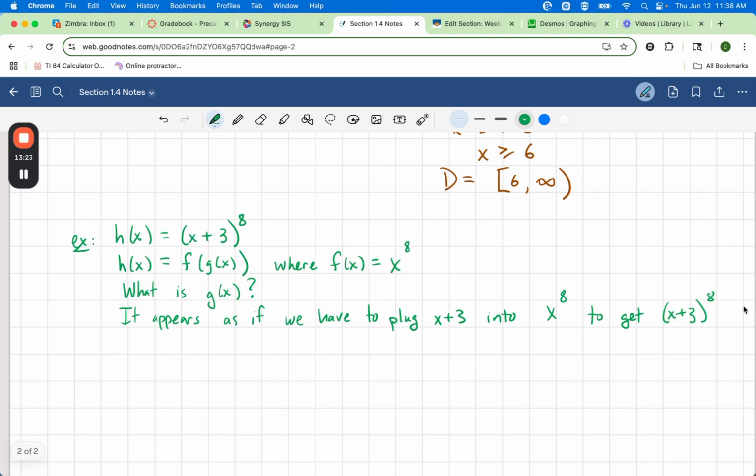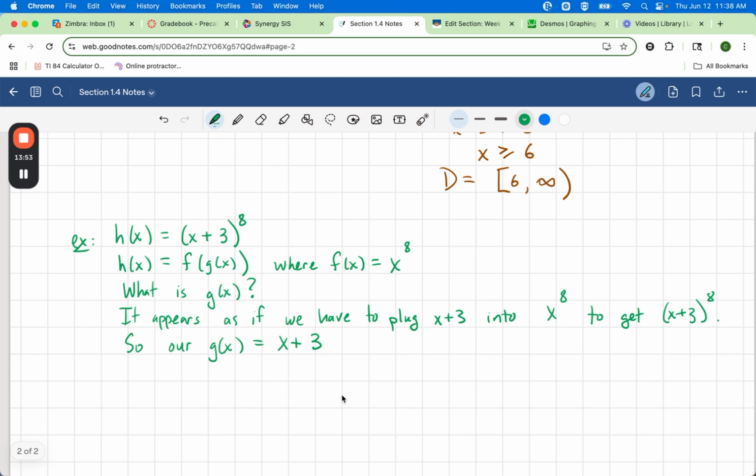So that expression that we're plugging in ends up being our g of x. So our g of x has to equal x plus 3. All right, that should make sense, because look, h is f of g of x. I'm plugging x plus 3 into x to the 8. That's going to be x plus 3 in parentheses to the 8. So it looks like we got it.